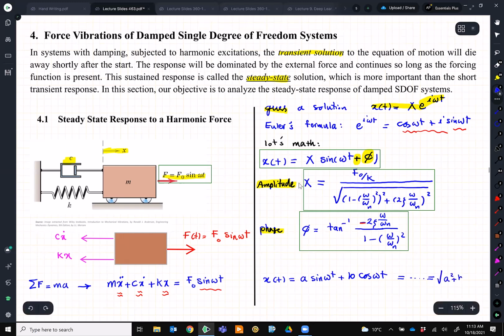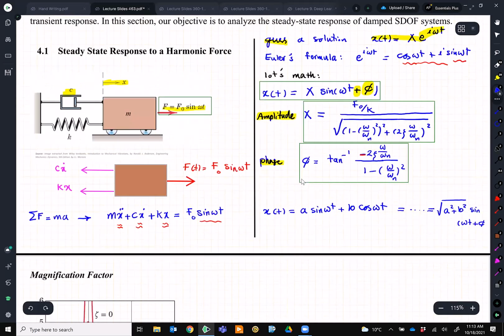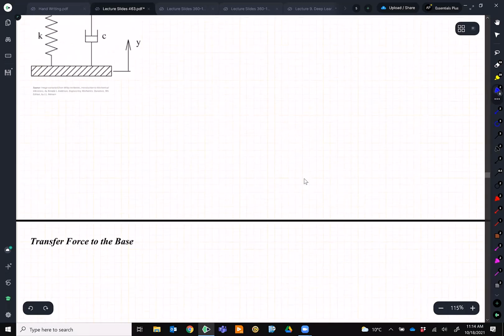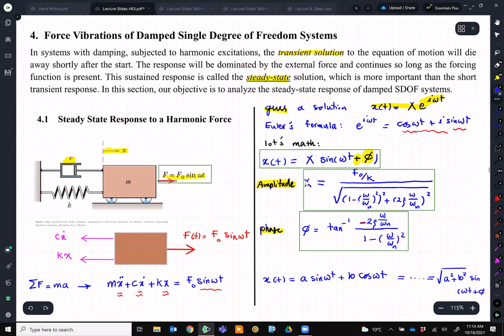which is A2, B2, I believe, here, sine omega t plus phi. Sorry, my page is jumping to the next page. And then this phi is tangent inverse of minus b over a.